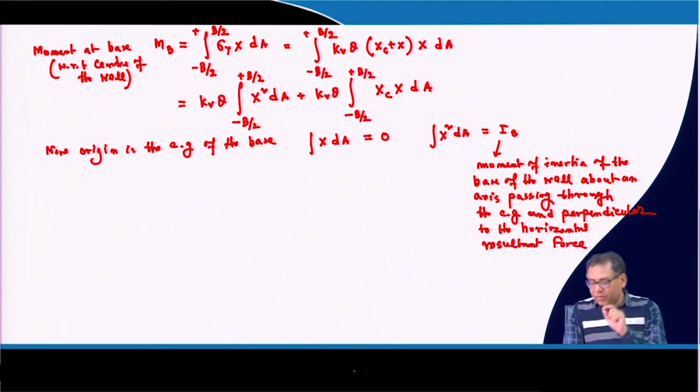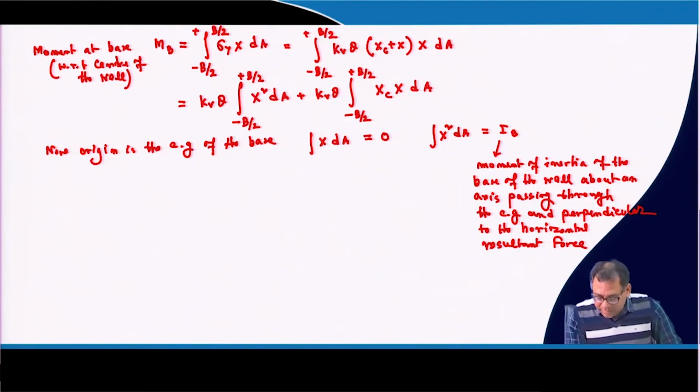So, that means this is the moment of inertia of the base of the well about an axis which is passing through the CG. Here you can see the origin that we have taken is the CG of the base. So, the area into x, if I consider, that area center is the origin of the point from which we have taken the moment.